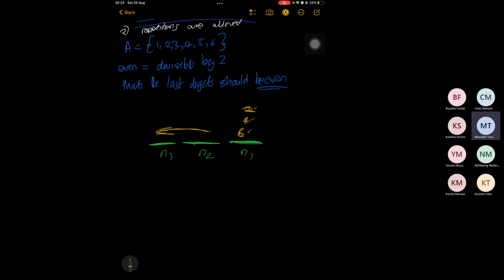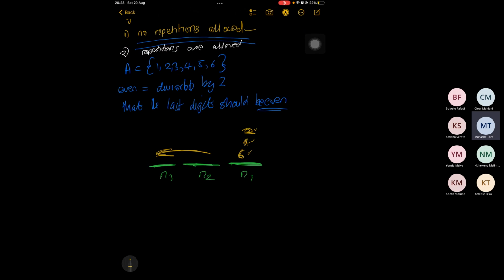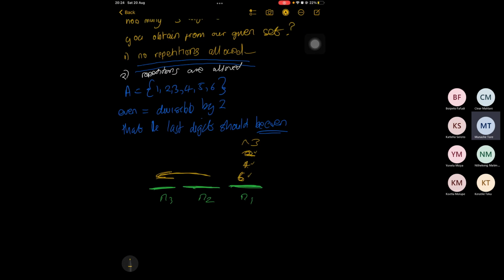You just subtract, so here it's going to be 3, and then 2 digits here, and 3 digits here, isn't it? So you can just say 3 times 2 times 3, like it would make sense.